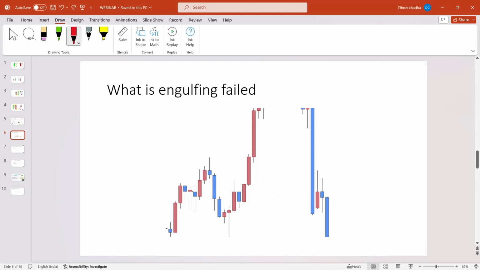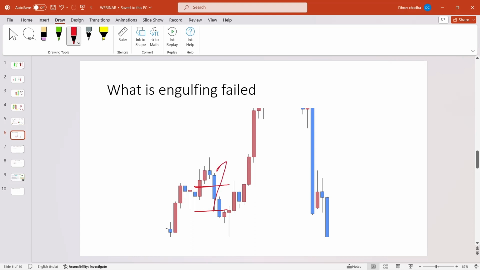We have another example over here. We are buying, right? We have a base and we have a buy. So the requirement for engulfing buy is being met, right? Because this bearish candle high is being engulfed with a bullish candle body, right? So now what do we expect?